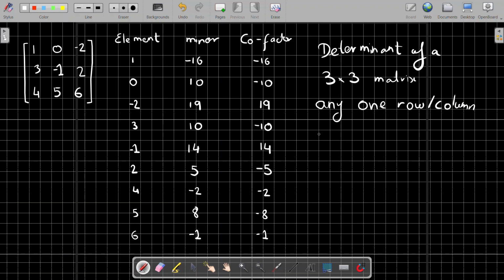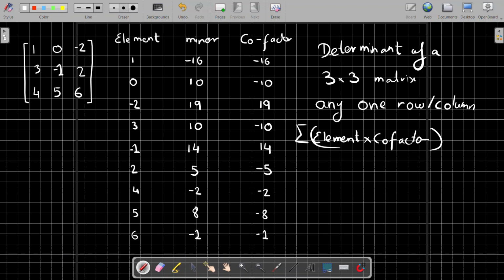So element into cofactor, sigma. So let's see this with our example case.